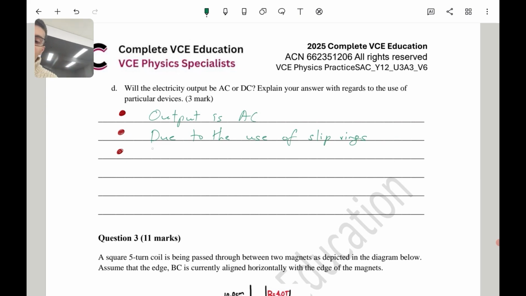Okay, so let's write this down. So what do slip rings do? Slip rings directly connect to each terminal of our coil, of the rotating coil, without changing connection.